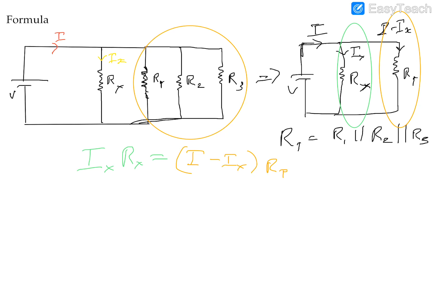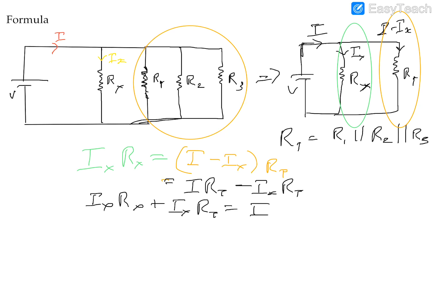If I go ahead and rearrange some terms, I'm going to get I times RT minus Ix times RT. And if I move this here, I'm going to get Ix Rx plus Ix RT is equal to I times RT.